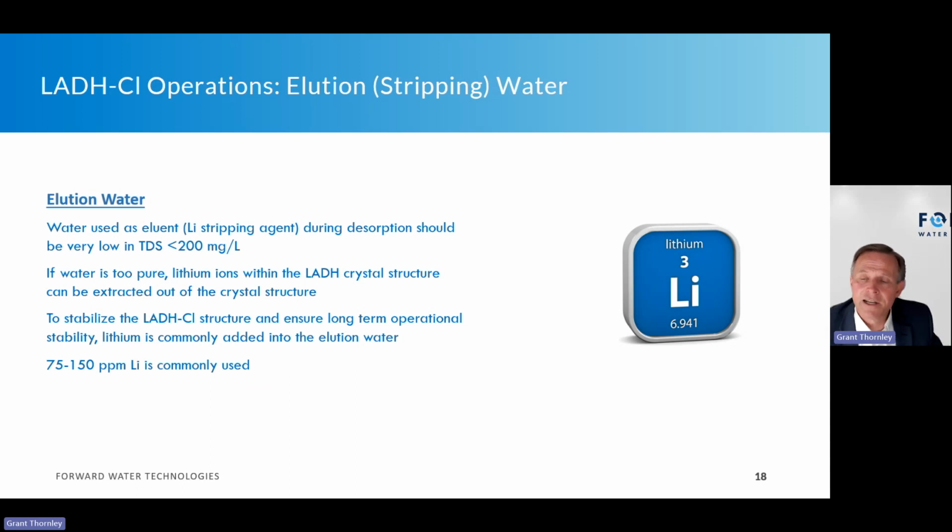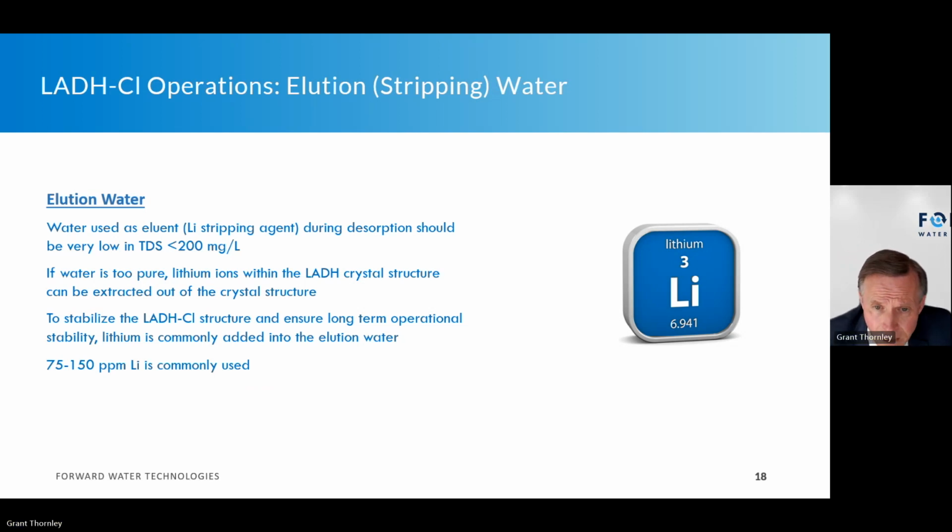Again, worst case scenario, I pull everything out and the crystal structure collapses. I put lithium in the eluent water, it stabilizes the structure, and now I have good long-term operational stability, meaning it's going to be a couple of years, hopefully, before I have to change that media out.